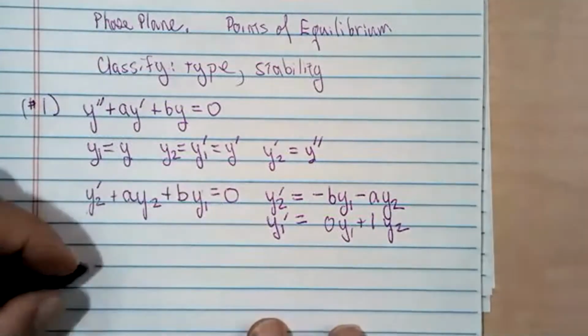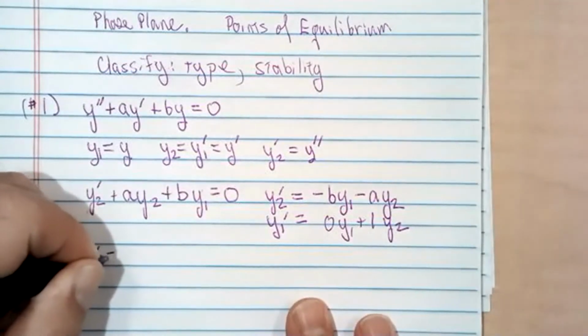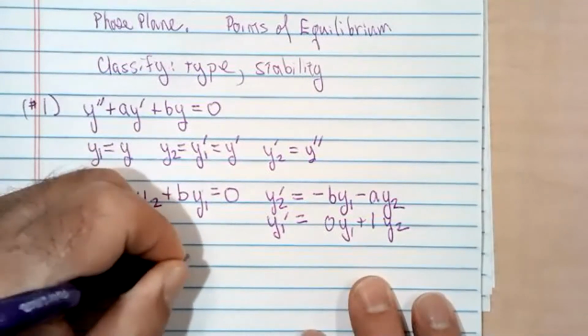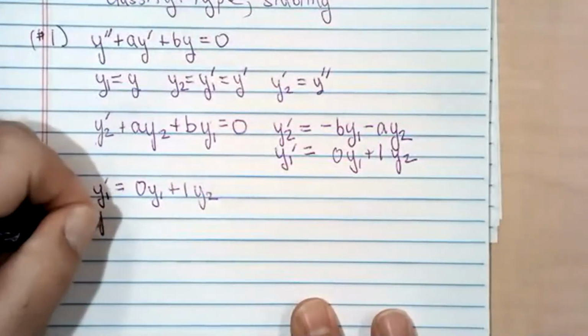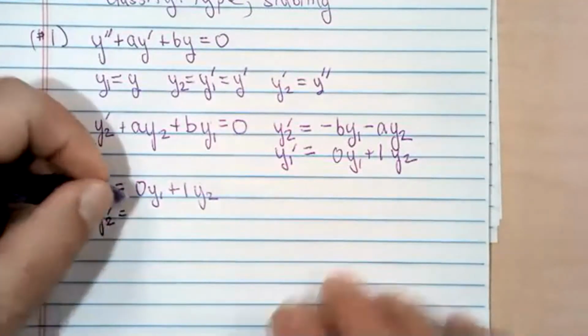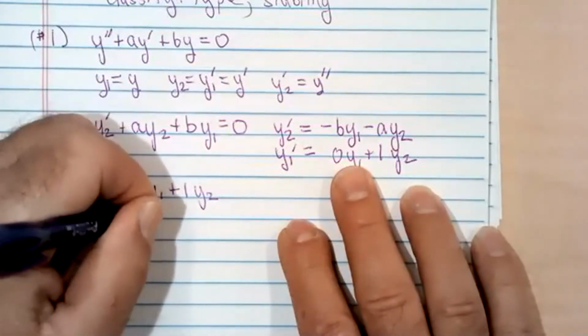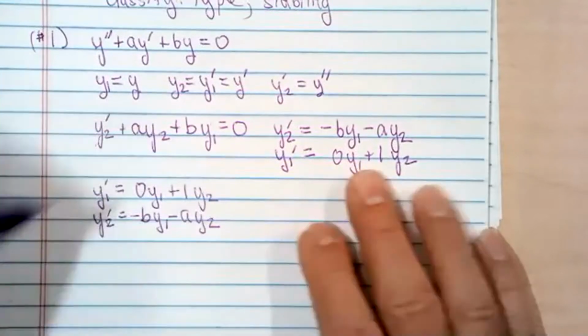So I'll flip those around to make a nice, neat system here. y1 prime equals 0 y1 plus 1 y2, and y2 prime equals minus b y1 minus a y2.